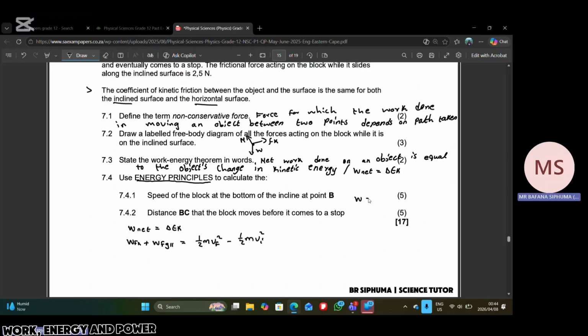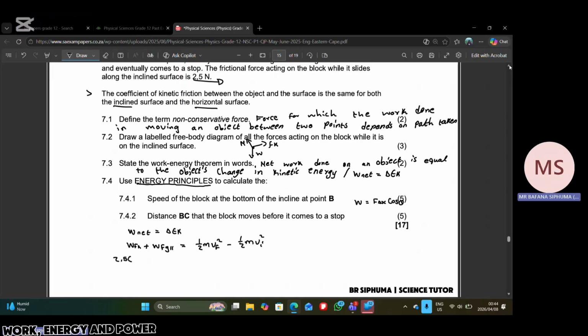So work done is equal to F delta x cos of theta. That is the formula, right? So we were given the magnitude of friction there, which was 2,5, and then it's going to be multiplied by the distance.